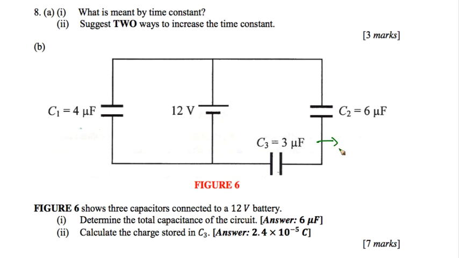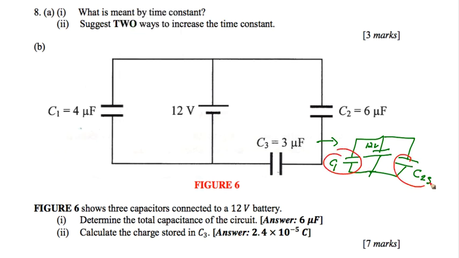So the circuit here has a battery of 12 volt, and this is C1. Now if you combine C2 and C3 here, this is the combination C23.